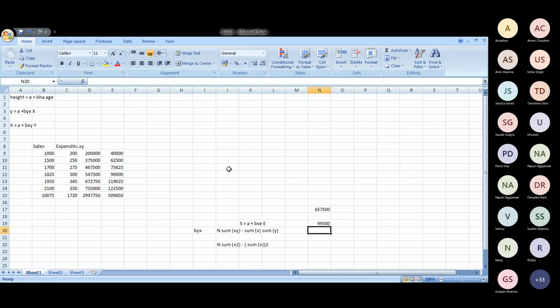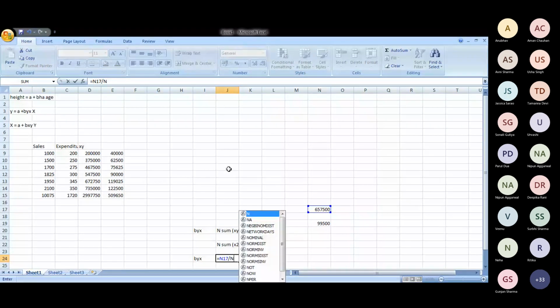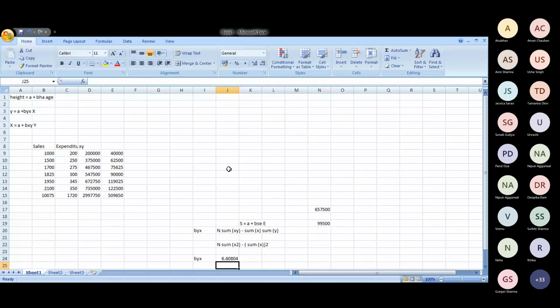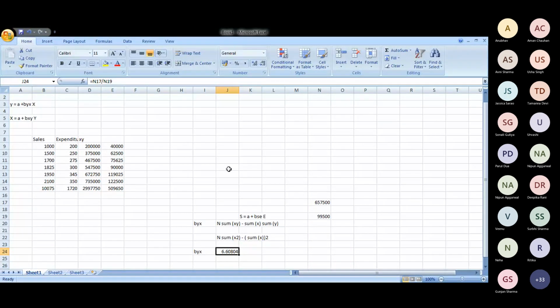So this becomes 99500. Now the regression coefficient byx will be equal to the numerator N17 divided by the denominator N19. So the regression coefficient becomes 6.608, which shows that it is a positive regression coefficient. That means there is a positive relation between the two variables. So that is the formula method.